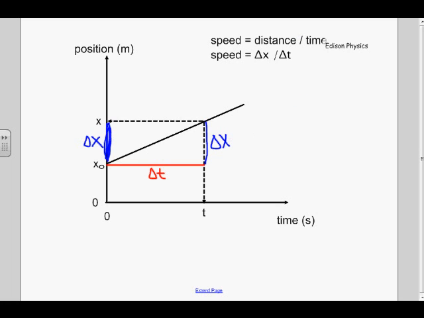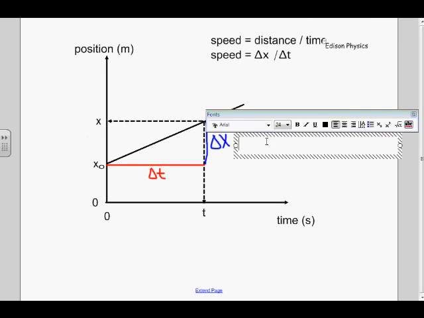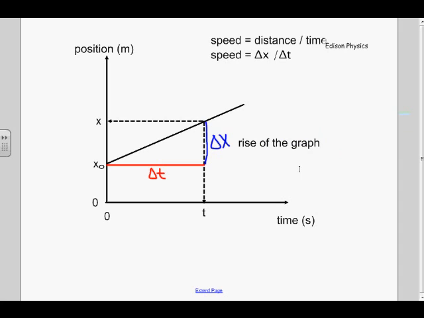Now, think back to your algebra days. Let me get rid of this because this is a little confusing. In algebra, delta x represents what on this graph? Excellent. Delta x is the rise of the graph. What about delta t?